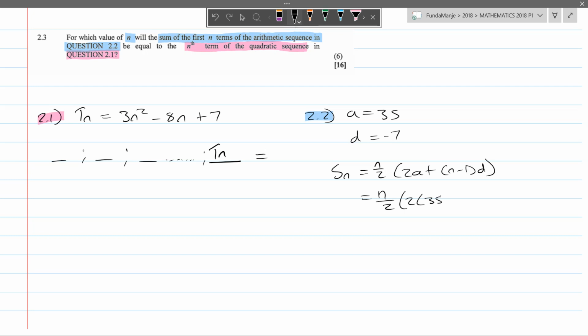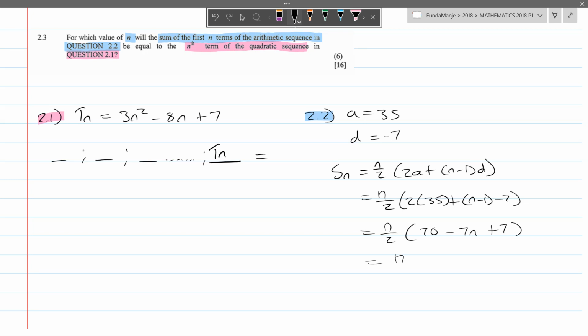A, we know that's 35, plus n minus 1, d is minus 7, and then we simplify this as much as possible to get n over 2, 70 minus 7n plus 7, like that.